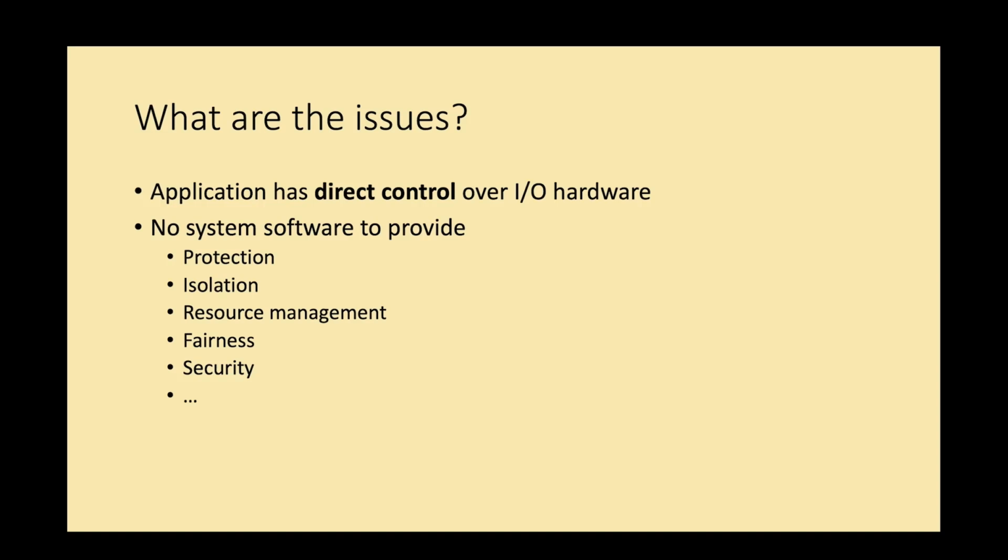Because you have multiple of these tenants, users all sharing the same cloud machine, you need some way to provide them a virtual machine interface so that they think they are operating on a physical machine, but in reality they are sharing with other people, and you need to make sure of the security and everything. So I hope everybody here roughly understands what virtualization means.